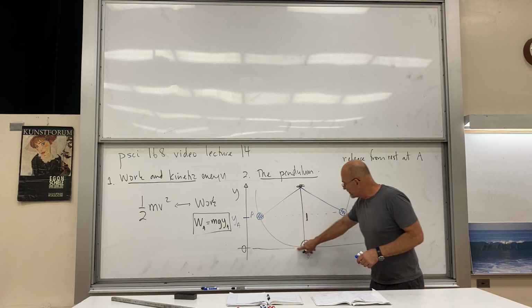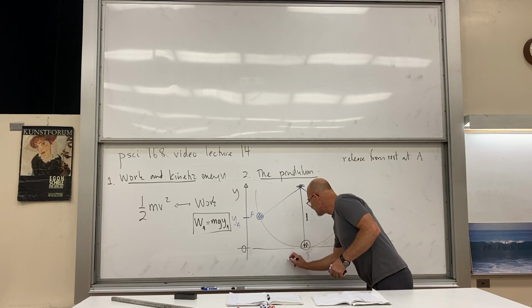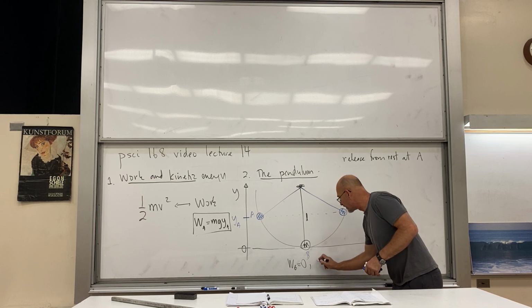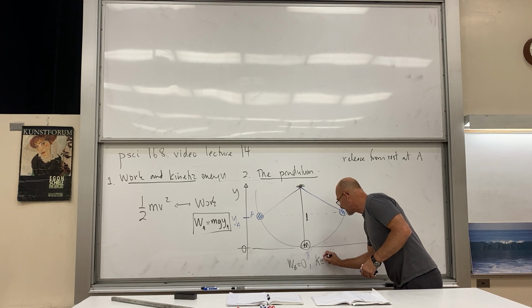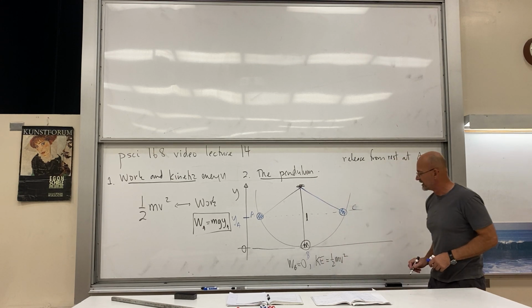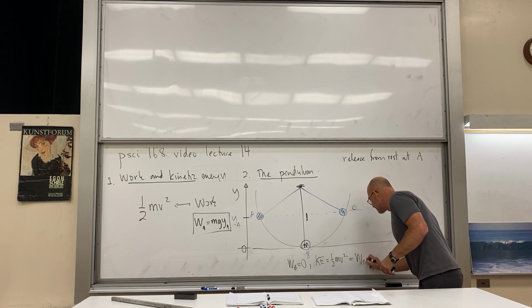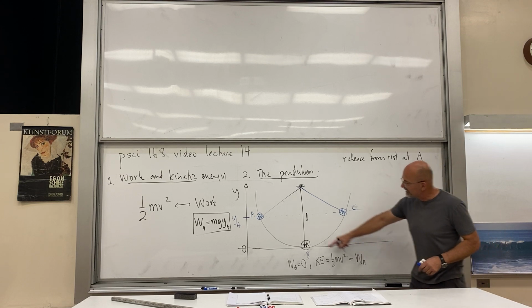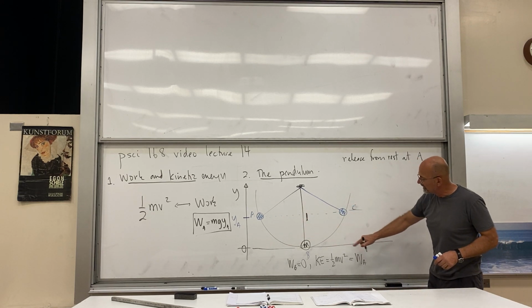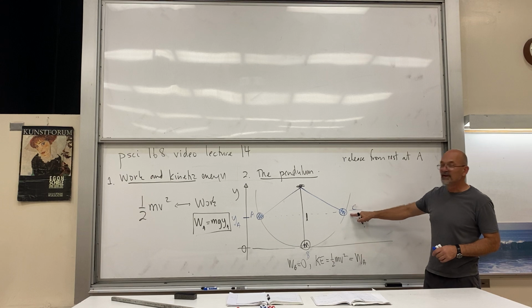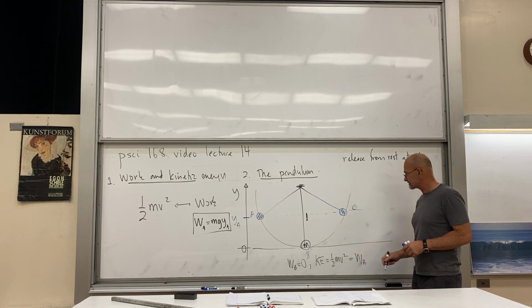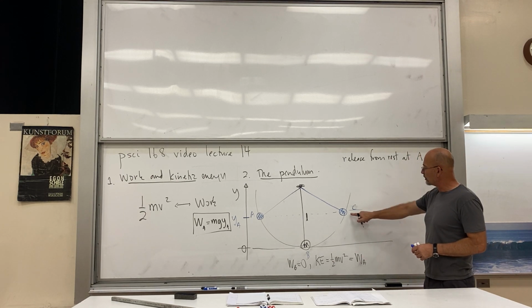Down at the bottom, W sub B is equal to 0, and the kinetic energy, KE, is equal to 1/2 mv squared, and it's exactly equal to W sub A. So the work that we did up here was converted to kinetic energy, and then it's going to swing back up to C here, and it'll be work again.